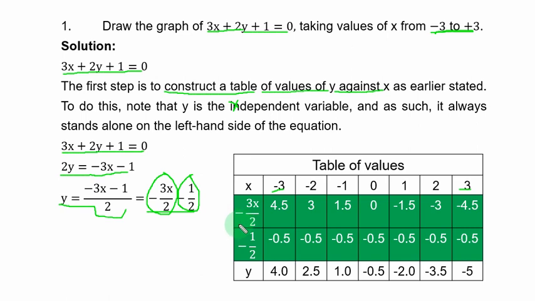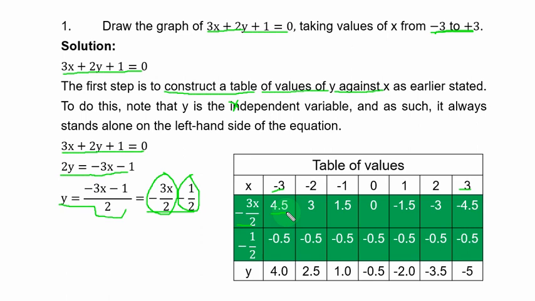So we look for minus 3s over 2. So when s is minus 3, what is minus 3s over 2? It simply means minus 3 over 2 times minus 3. That is plus 9 over 2, and that gives 4.5.